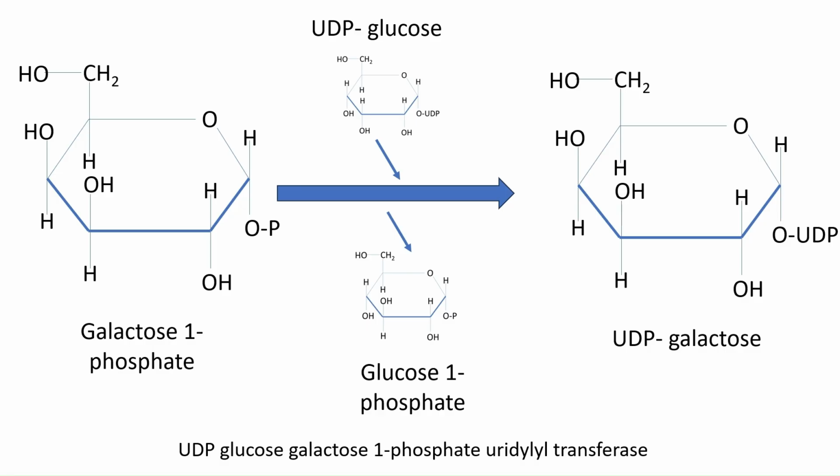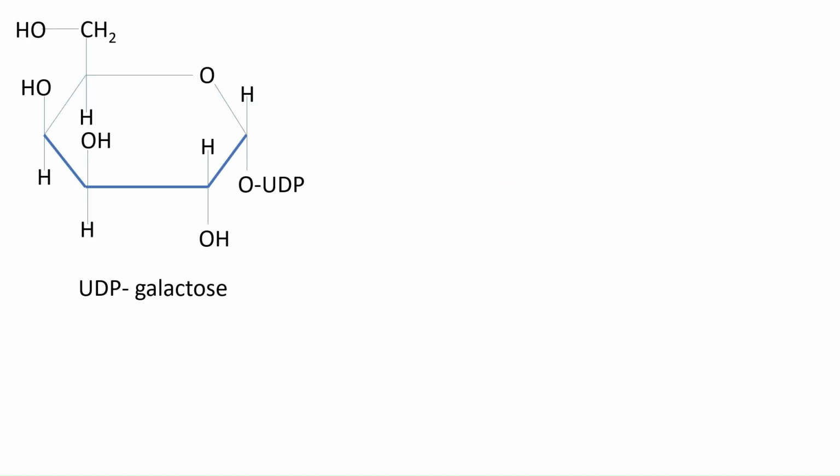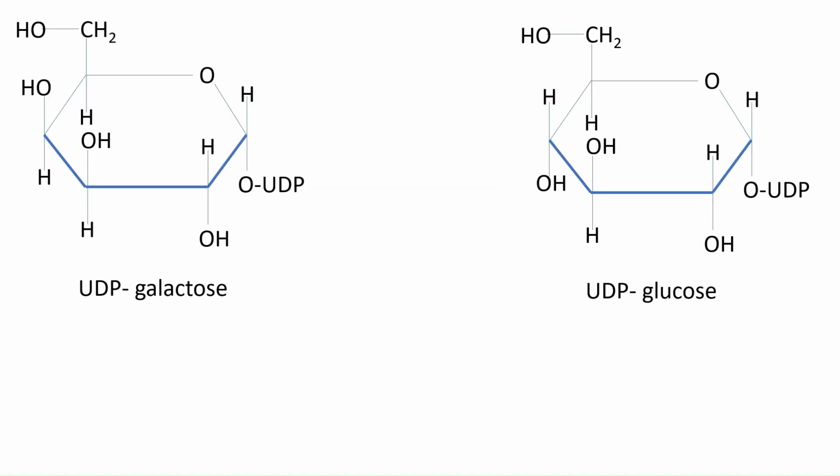Now this glucose 1-phosphate is converted to glucose 6-phosphate by the enzyme phosphoglucomutase and it enters glycolysis as glucose 6-phosphate. Now what happens to UDP galactose? So UDP galactose is converted to UDP glucose, and as we saw at the start of this video, these are epimers on the fourth carbon.